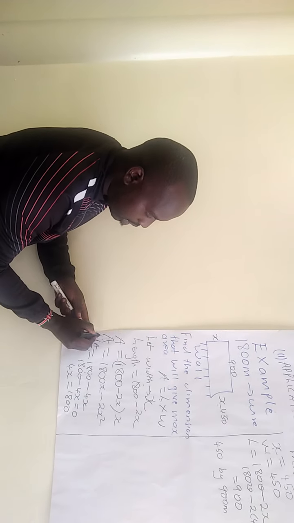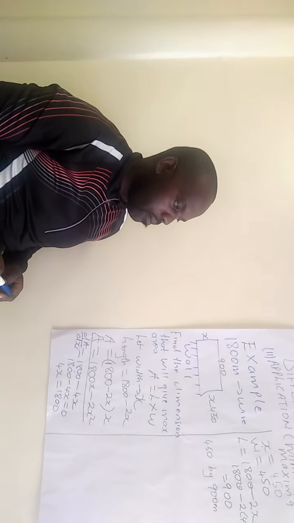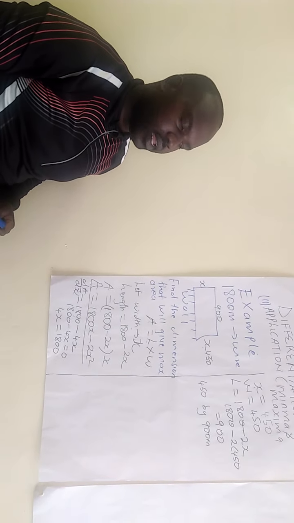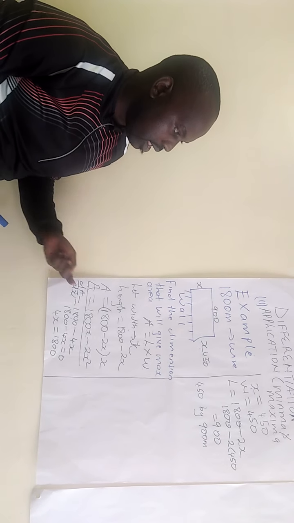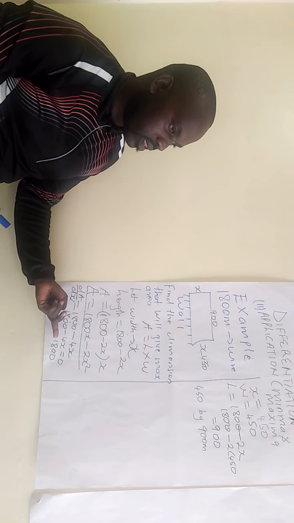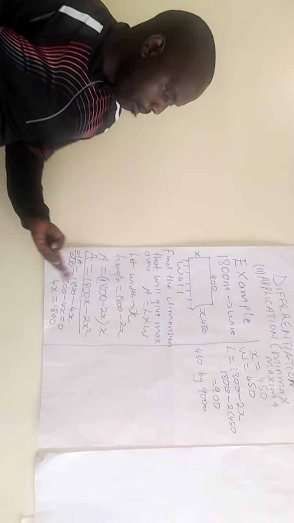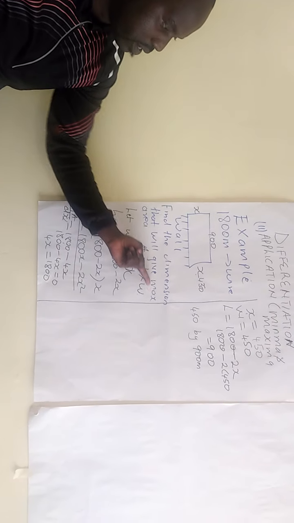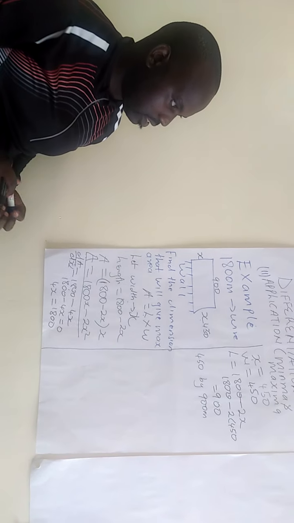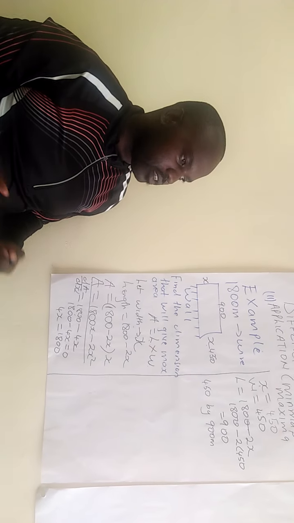So the most important thing in maxima and minima is to come up with an expression which you can differentiate and then equate the derivative to 0. Then you can test if you're asked whether it is a minimum or a maximum. Here you have already been told it is a maximum, so you don't need to test. So that is how we calculate maxima and minima.